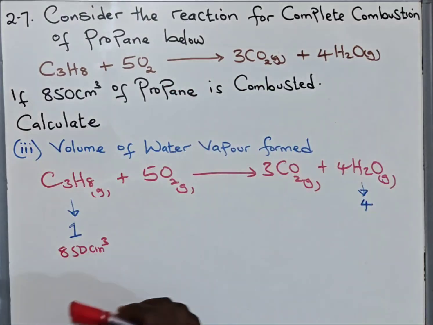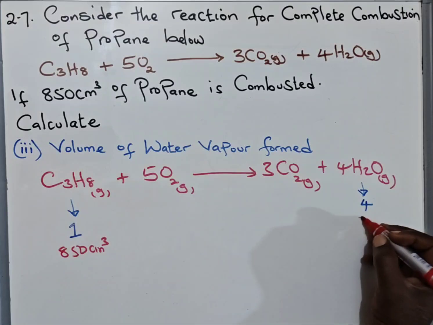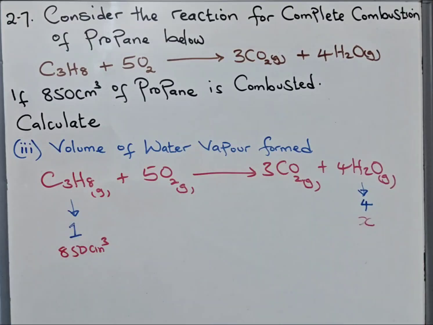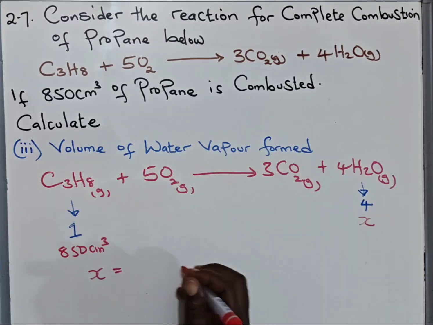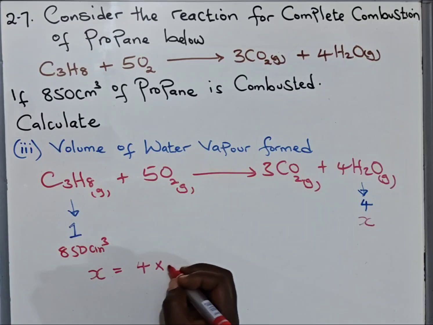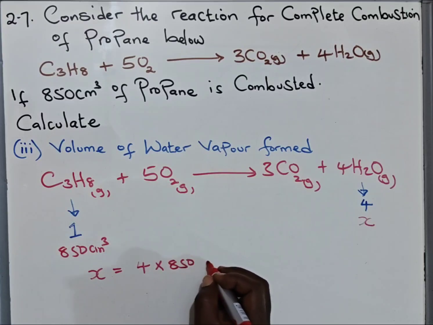So these gases are at the same conditions. So we're having 850 giving us what? X. And how do you find X? Through cross multiplication. So we are going to get our X because it's 1 times X, giving us 4 times 850.